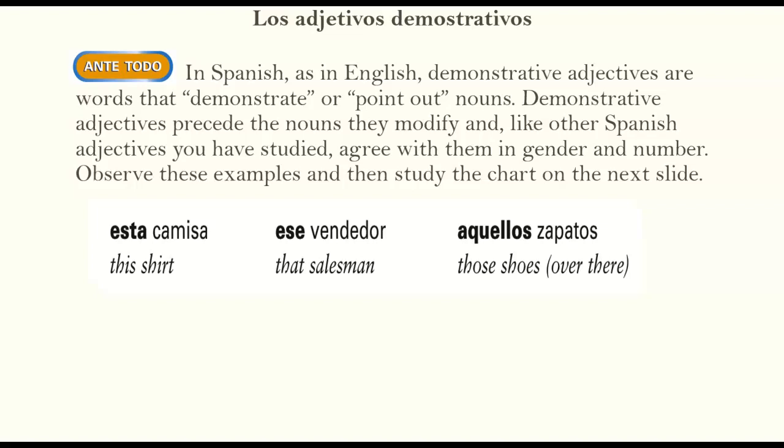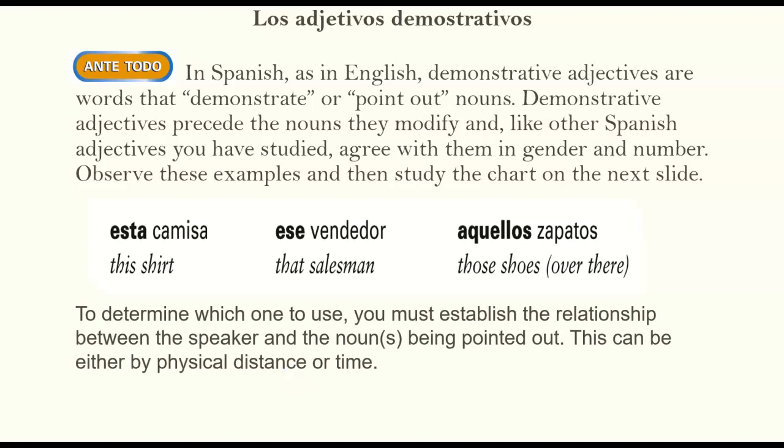Okay? And so we'll observe these examples and study the chart that's not on the next slide, but in a couple slides, actually. So we see things, for example, like esta camisa, ese vendedor, and aquellos zapatos. Okay, so we have three types of demonstrative adjectives.